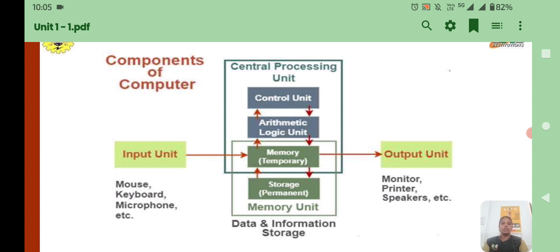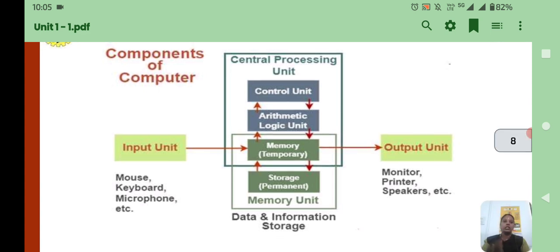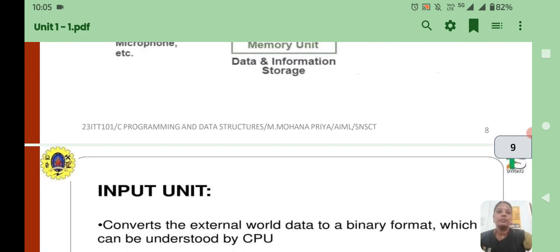In the central processing unit we have the control unit, arithmetic and logical unit, and memory unit. Then the processing is performed in the CPU, the data is converted into machine language and the information is stored. Finally we get the output through monitor, speakers, etc.